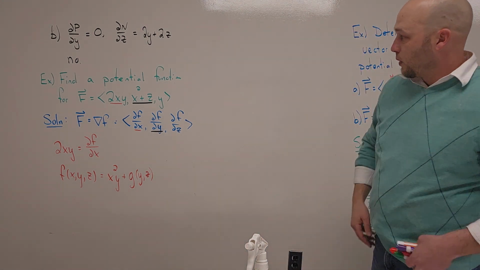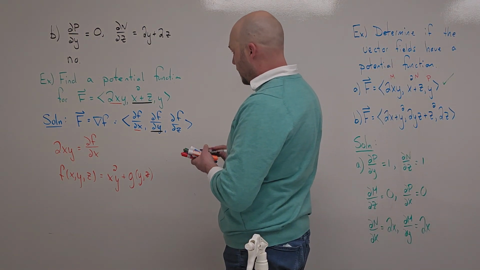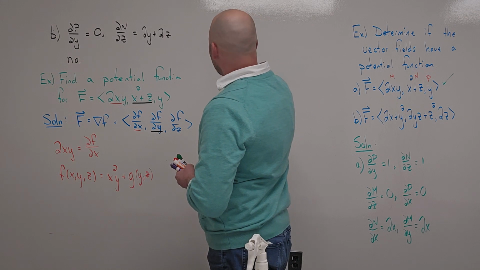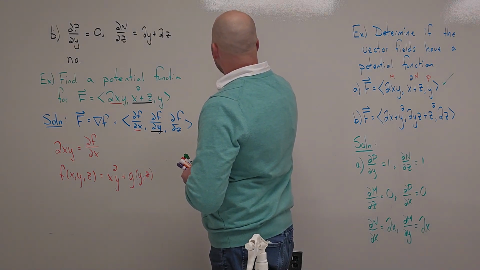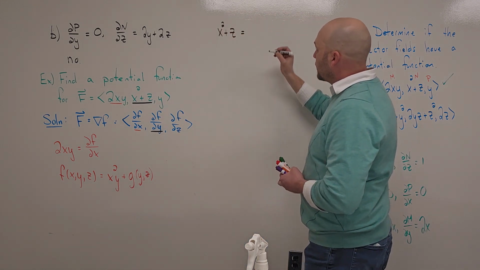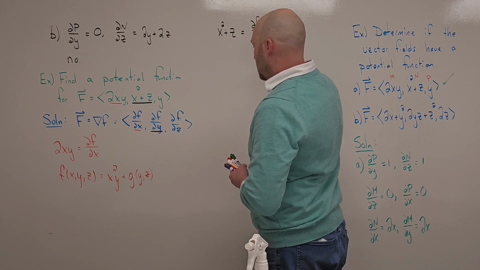So if those two middle components are equal, let's set them equal to each other. So that would give me x squared plus z is equal to the partial derivative of f with respect to y.